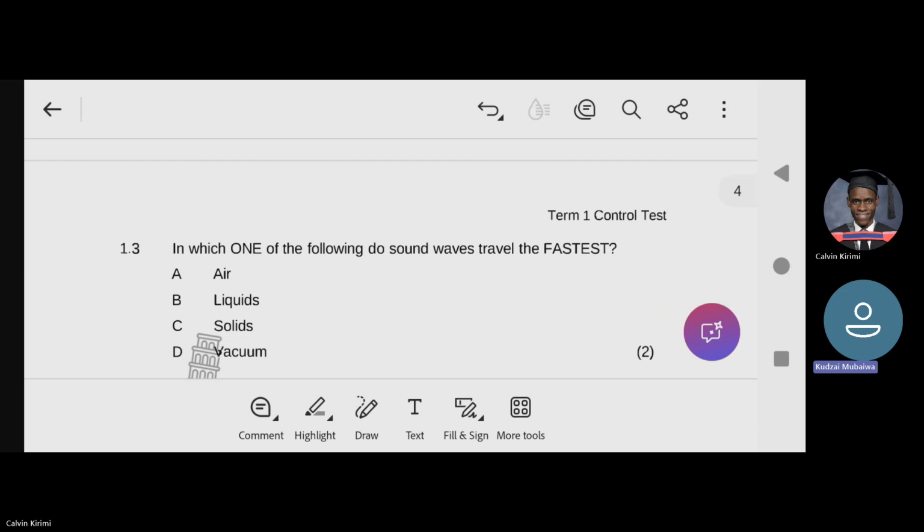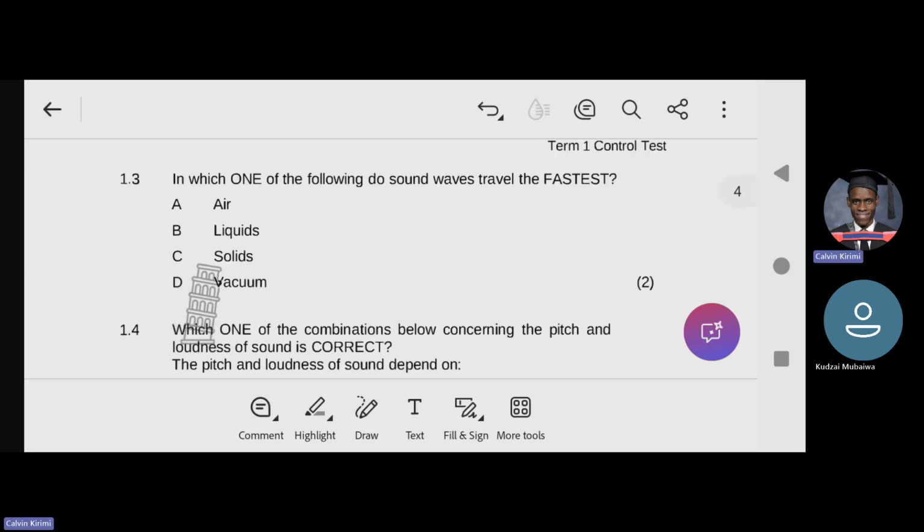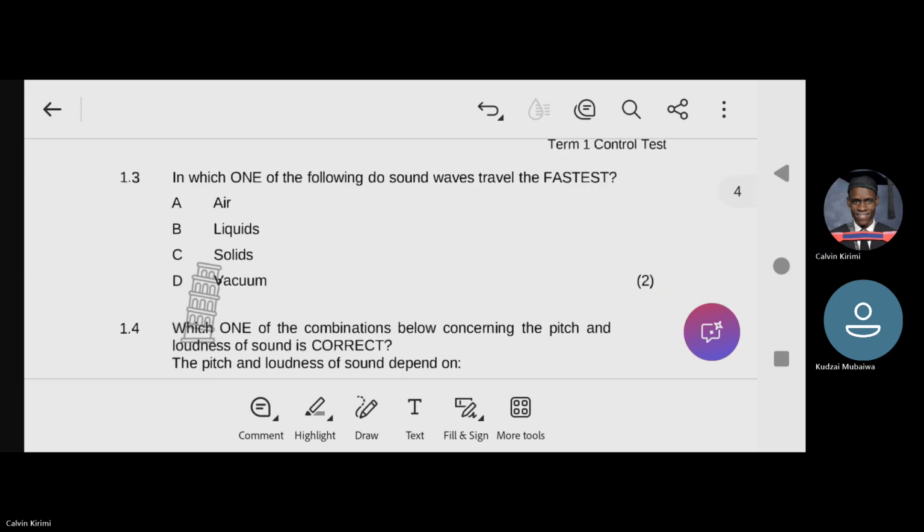Is it in solids? Why is it in solid? What is the reason? Explanation? It's because the particles do not move all around in solids.